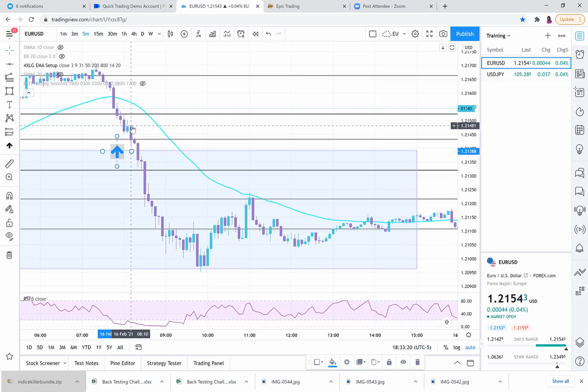Don't be afraid. Mark your support and resistance lines, your zones, whichever term you're more comfortable with. Put the 50 EMA on it and begin to look at it and see, where would I go for buys? Where would I go for sells? And if that makes you nervous, use the arrows and, without even taking a trade, just mark it on your chart.